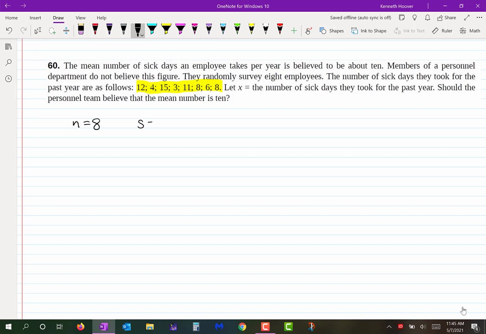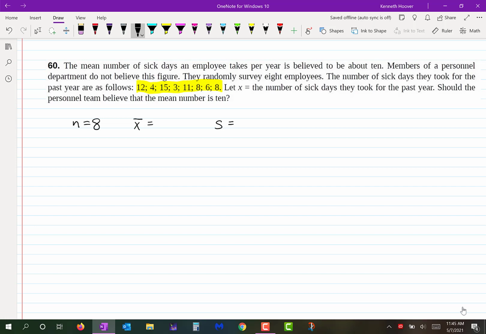But they didn't tell us that either. So we're going to have to calculate that on our own. Okay, plus the mean as well, by the way. We're going to do the mean first because you need the mean to find the standard deviation. So let me switch that order. All right, so there's a little bit more work here than normal. So let's just spend a few minutes to do those two calculations.